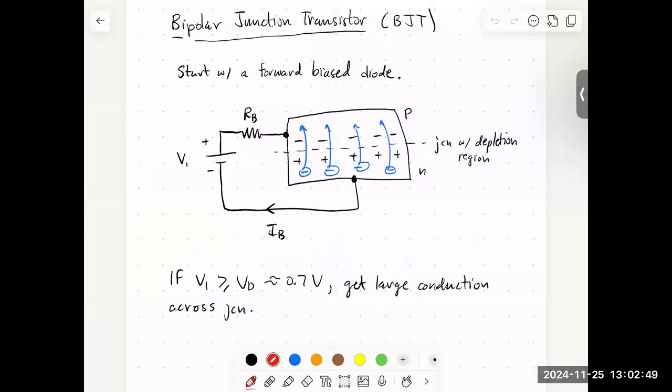If we do that, we would expect a clockwise current, which corresponds to electrons going in the counterclockwise direction. If it's forward biased, then we overcome the potential barrier, or the electric field that's established in this depletion region, and we can get the flow of charge across that junction.